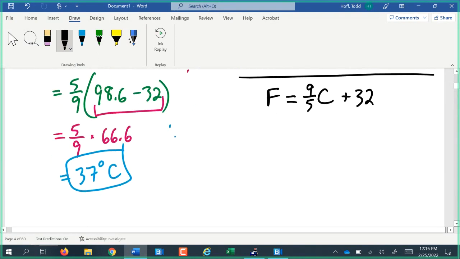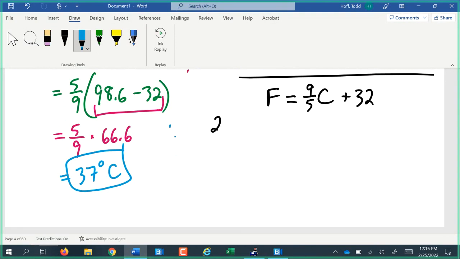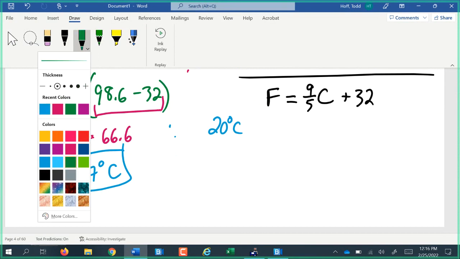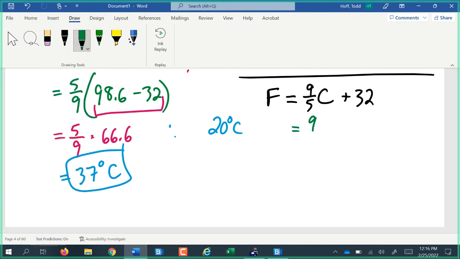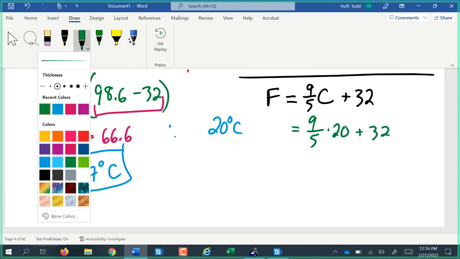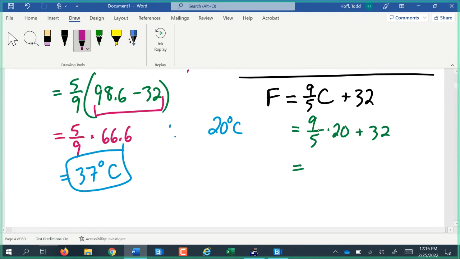So let's say we hear on the radio that it's going to be 20 degrees Celsius today. Is that a day to look forward to? Well, let's replace our C here with 20 and see what that works out to be. 9/5 times 20.